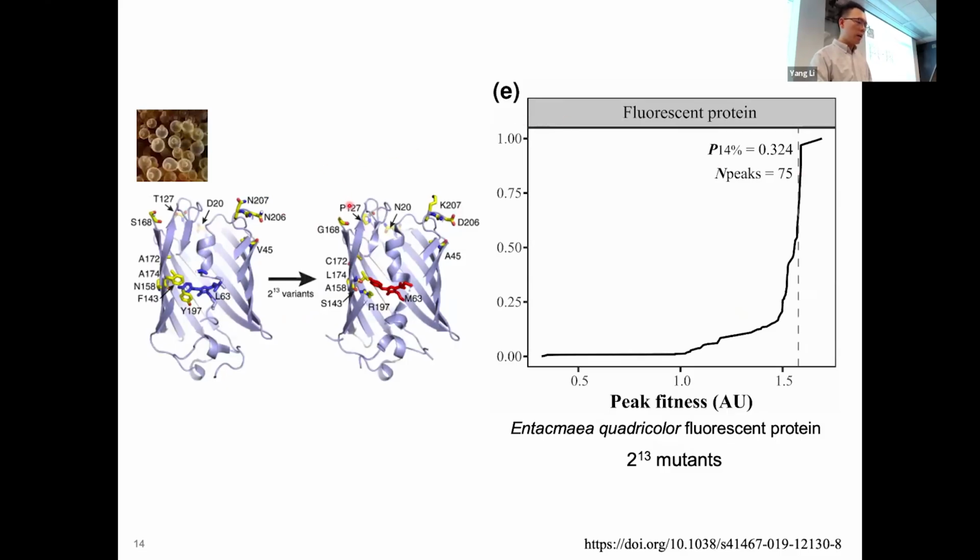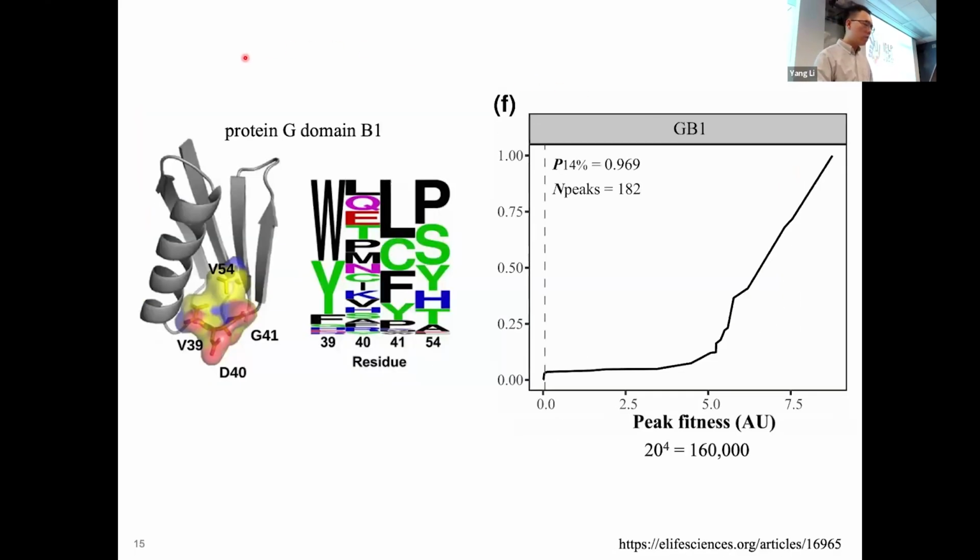And we also selected a fluorescence protein. In the protein, we put in 30 mutations, because there are 30 sites that are important for the fluorescent protein. So for the landscape, there are 13 variant sites, and for the adaptive walks it's only 30%. And the last landscape we're choosing is from the protein G domain.